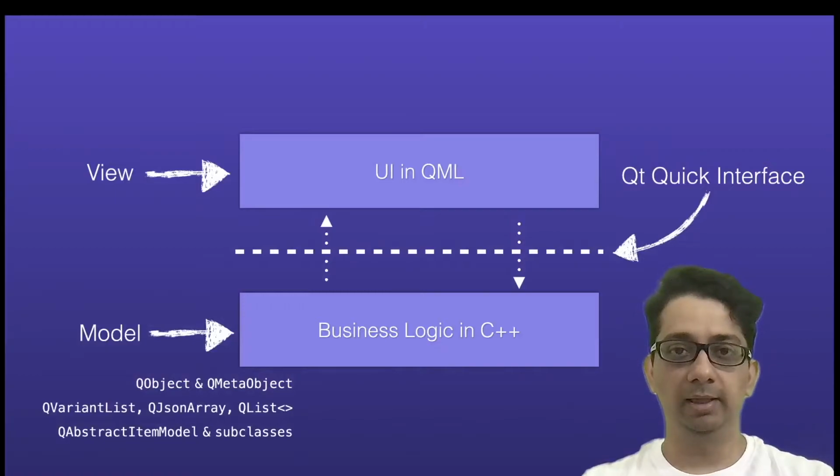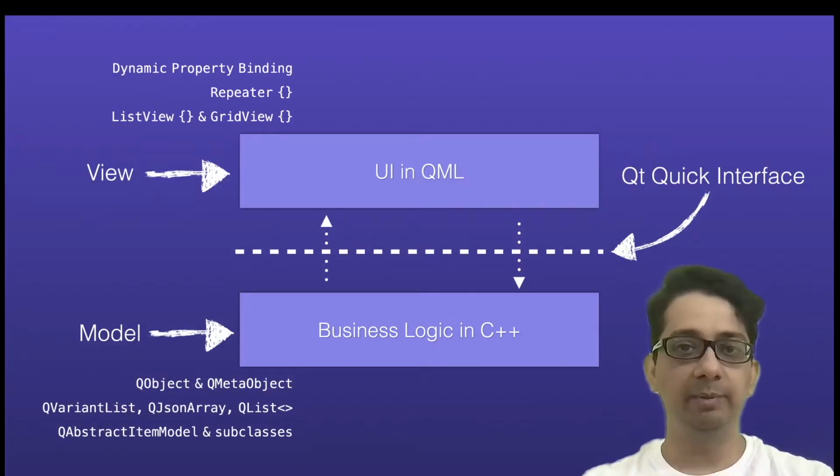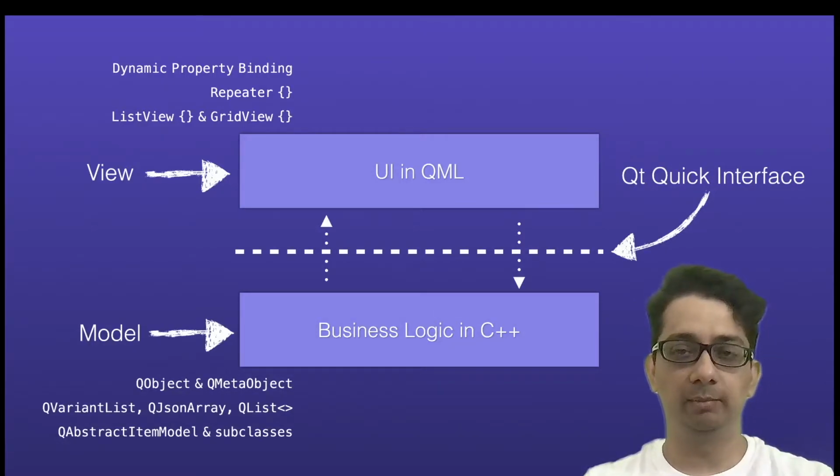Views in QML are built using one or more of the following QML features: dynamic property binding, and elements like Repeater, ListView, and GridView. In my opinion, if we just understand this, we will get very far in QML.